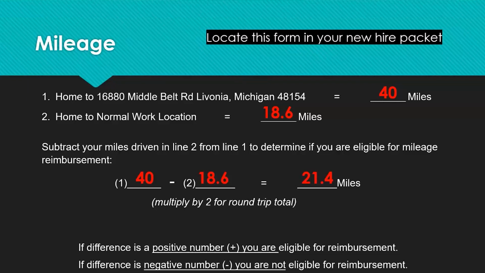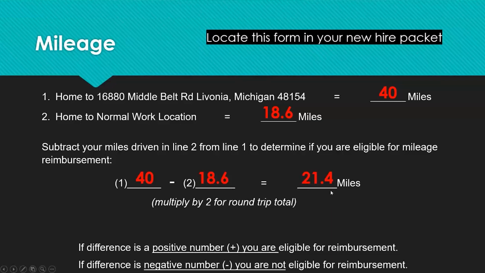Mileage is paid per IRS recommendations. For 2020, this is 58 cents per mile. So again, just to recap, the home to Middle Belt or the Livonia Student Center in this case was 40 miles. Home to normal work location was 18.6 miles. You'll subtract your number 1 answer by your number 2 answer, and what you're left with in this case is 21.4 miles.